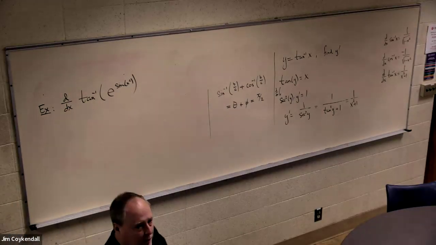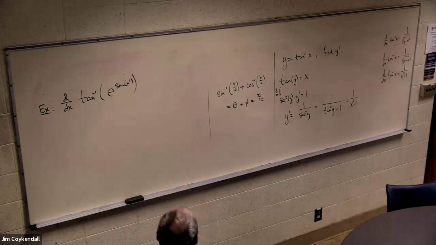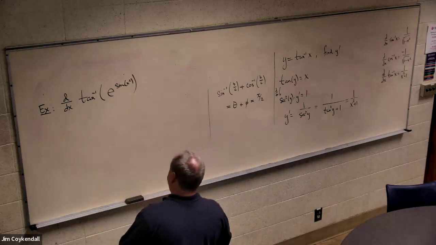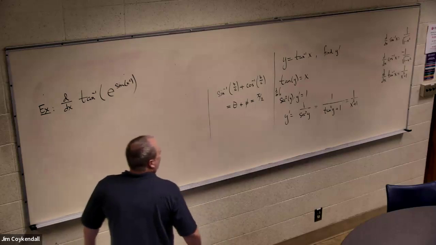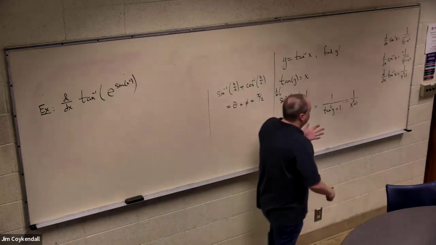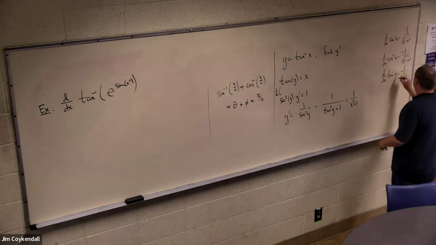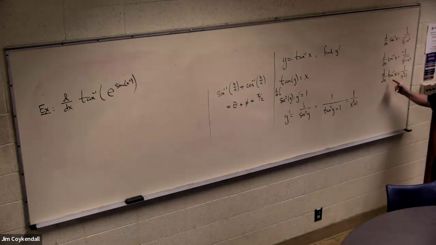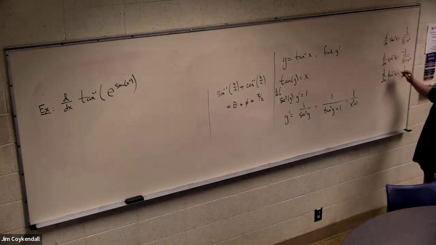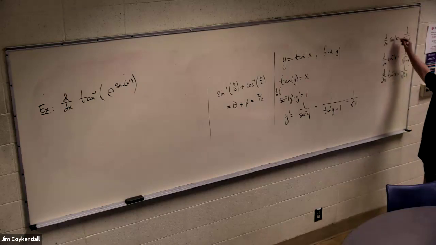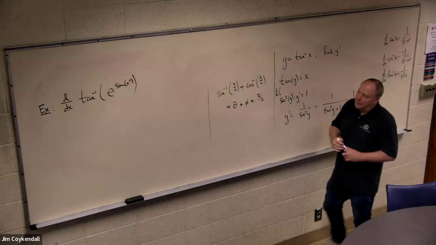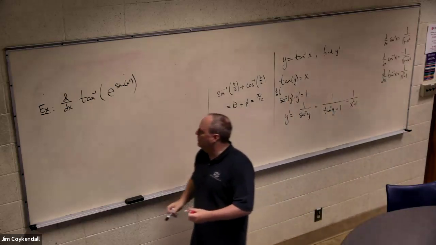Suppose I ask you to take the derivative of the inverse tangent of e to the sine of x squared. Well, all we've got is a new tool in our repertoire. These rules say, for example, the derivative of inverse tangent of blah is 1 over 1 plus blah squared. Okay, so let's get this party started here.